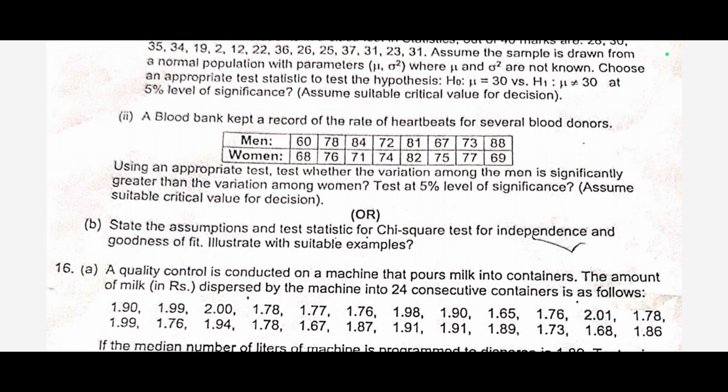Using the appropriate test, test whether the variation among men is significantly greater than the variation among women. So for variance of the two populations you have to use the F test statistic. So here is your question.